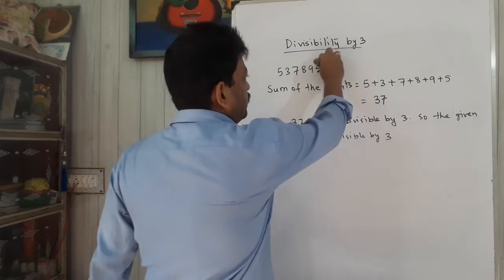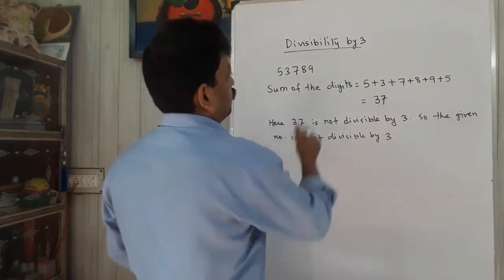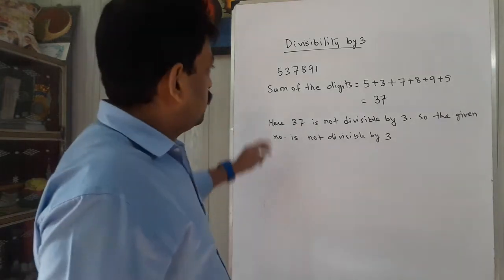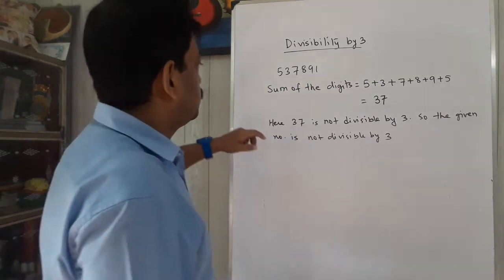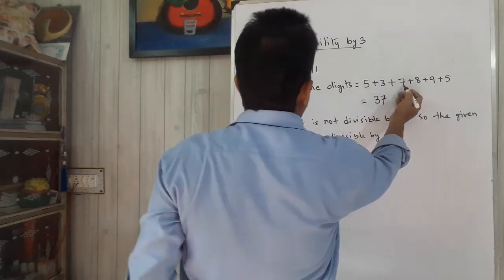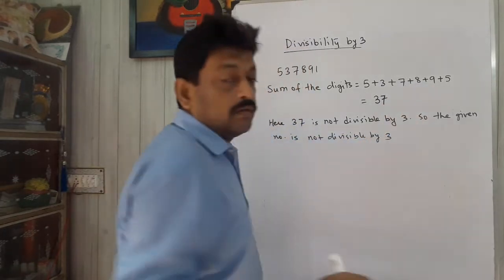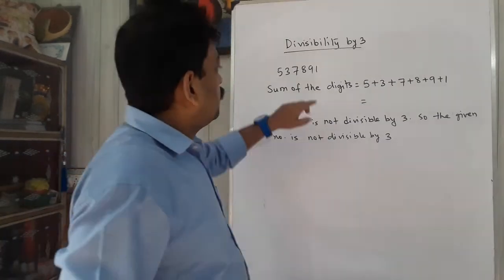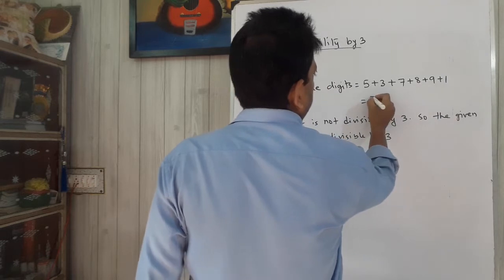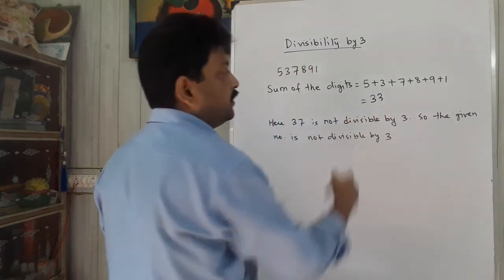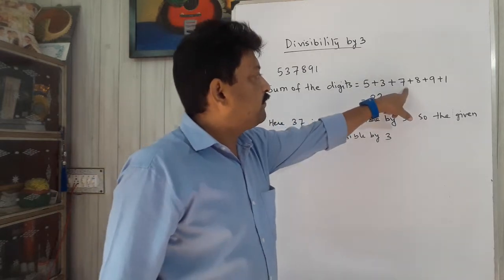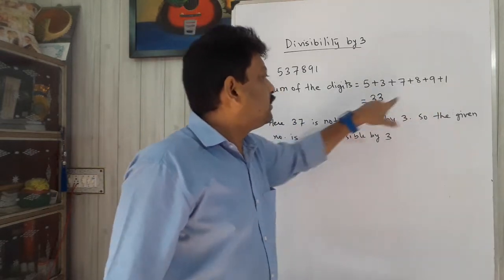Now let me replace this 5 by 1. Now let us find the sum of the digits. So it is 5 plus 3, 8, plus 7, 15, 23, 32, 33. The sum of the digits we are getting is 33.